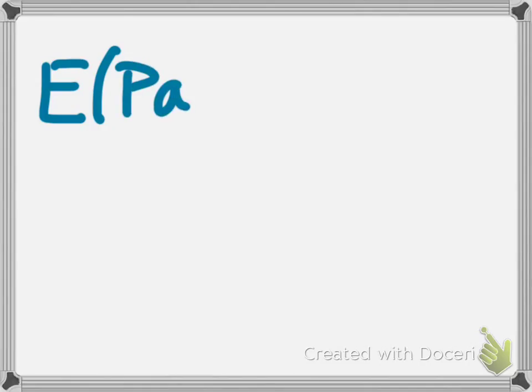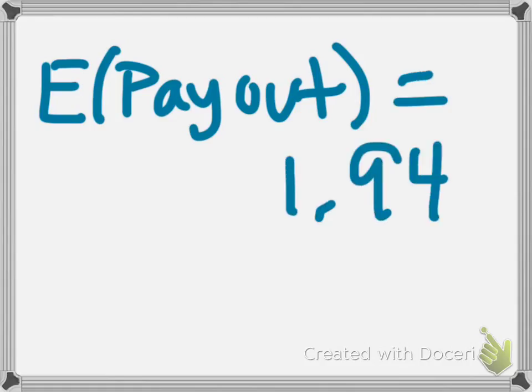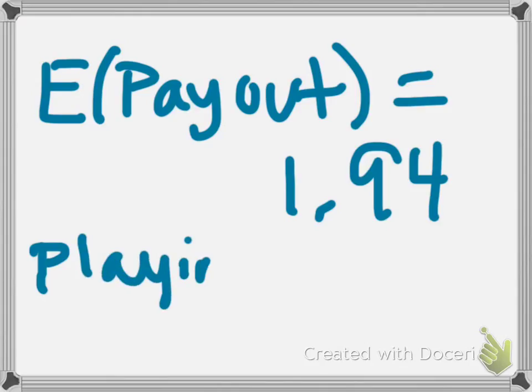Finally, the question says, is this game fair? Well, the expected payout right now for everyone who plays is equal to $1.94. Is the game fair? Not really, because you're playing for $3.